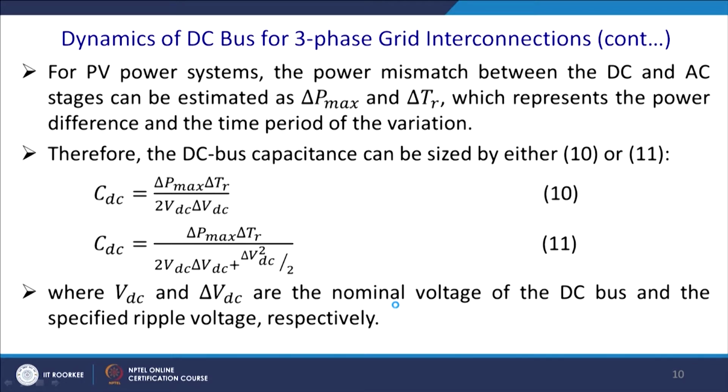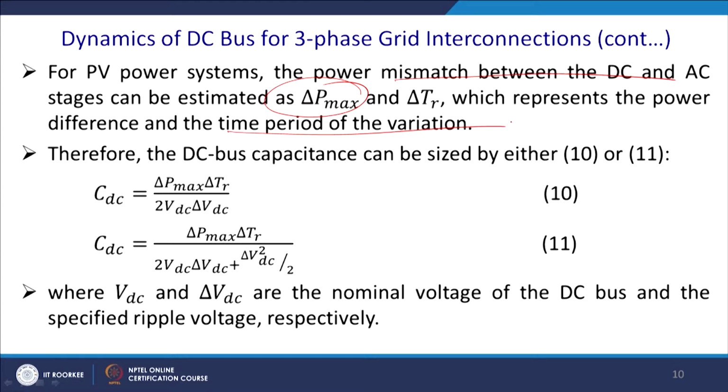So, let us go for the design of this DC bus capacitor for the 3 phase system. For a PV power system, the power mismatch between the DC and the AC stages can be estimated as ΔP max and ΔT_R, which represent the power difference and the time period of the variation.